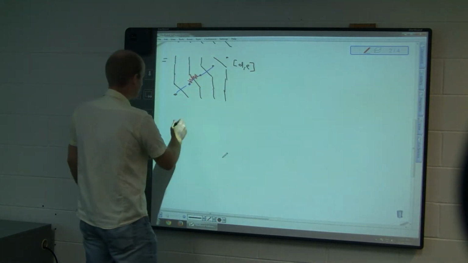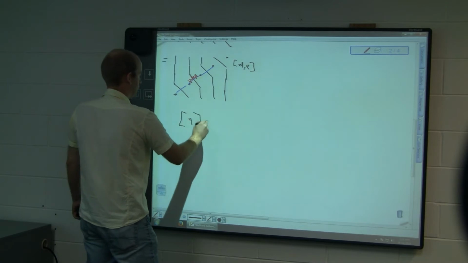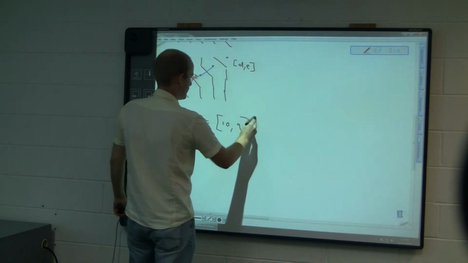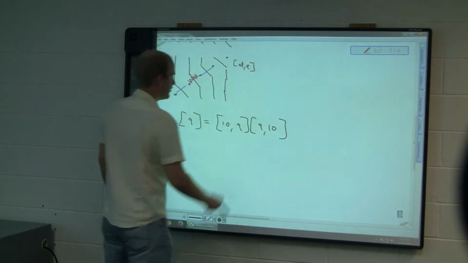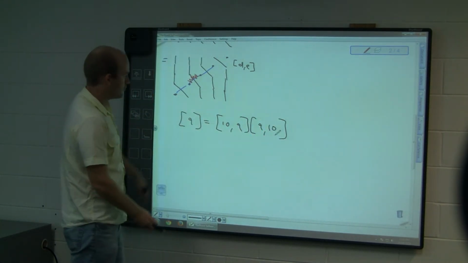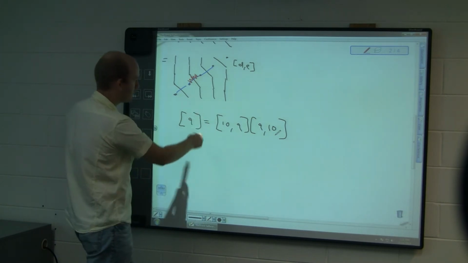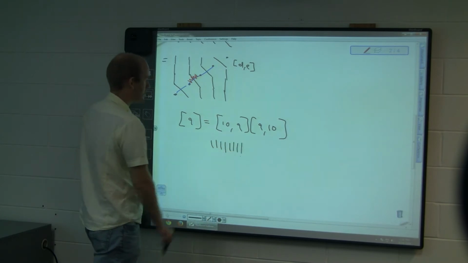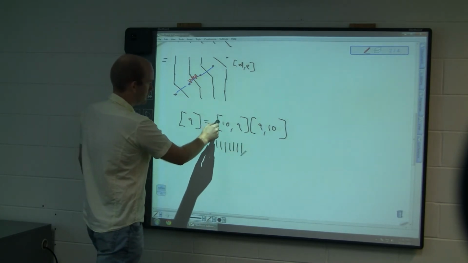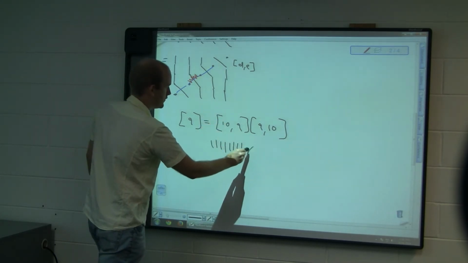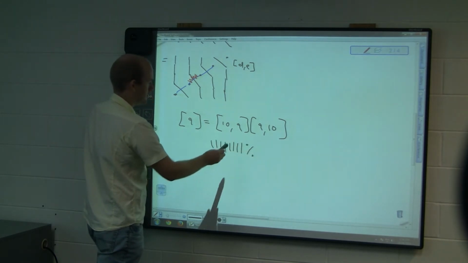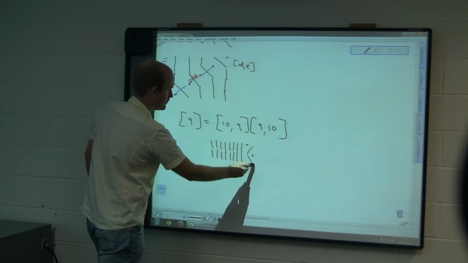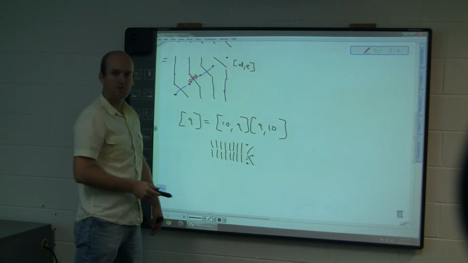So earlier I claimed that 9 equals, what was it, 10? Well, let's see why. If I start on the right-hand side, we don't really need the first 8 things, but if 10 goes to 9, and then 9 goes to 10, then that's what we get.